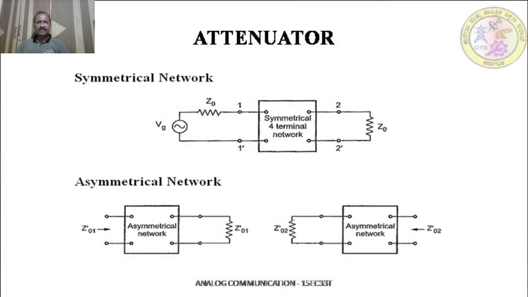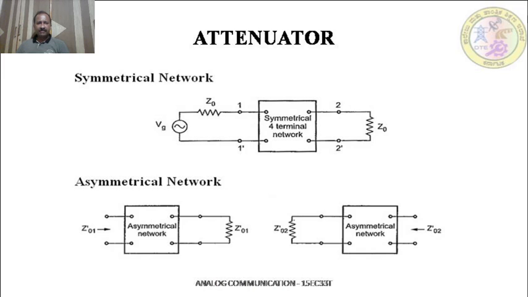Now you can see the meaning of symmetrical and asymmetrical explained with respect to these circuit diagrams. In a symmetrical network, the input has a Z0, and the output also has a Z0. That means the input impedance is equal to the output impedance. That type of network is called a symmetrical 4-terminal network, and the same applies to an attenuator: a symmetrical attenuator network.